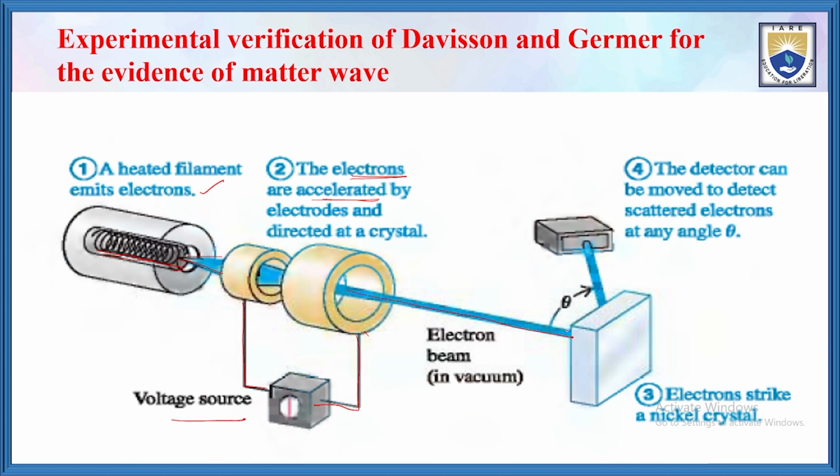These electrons fall on the nickel crystal, which is the target crystal.